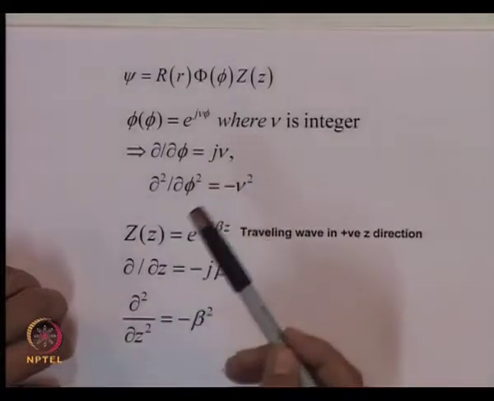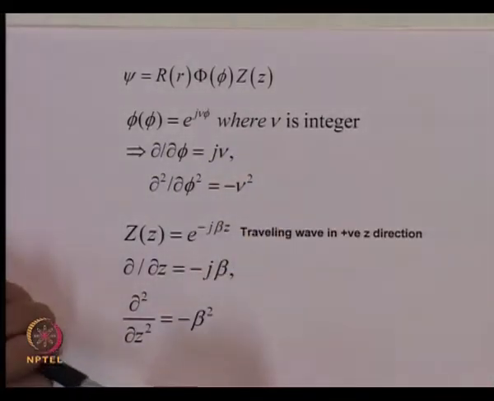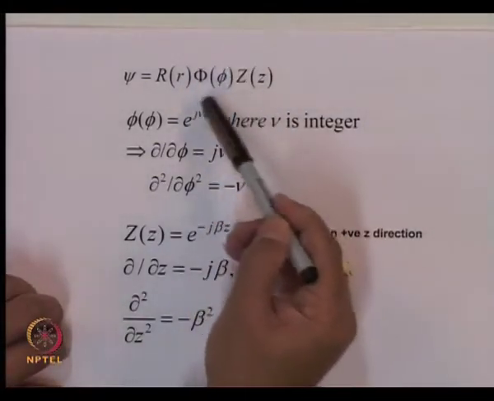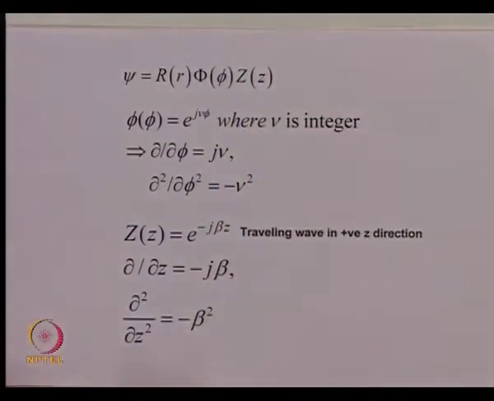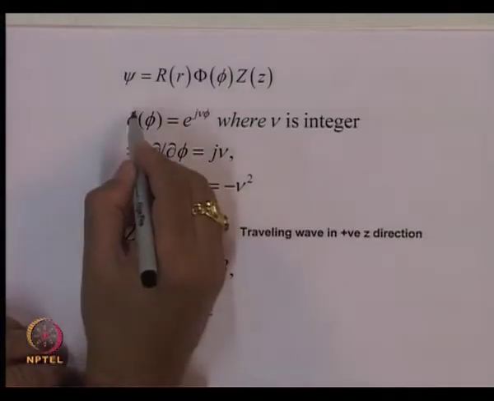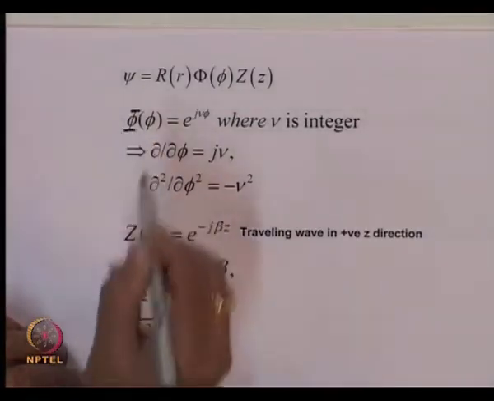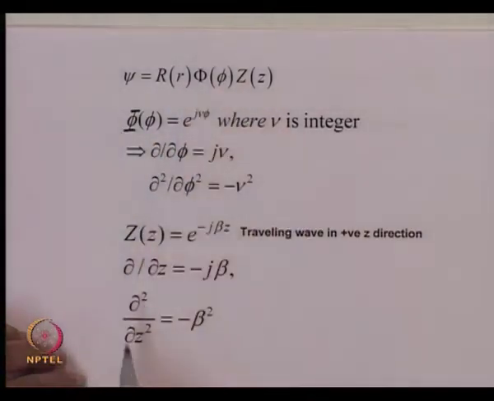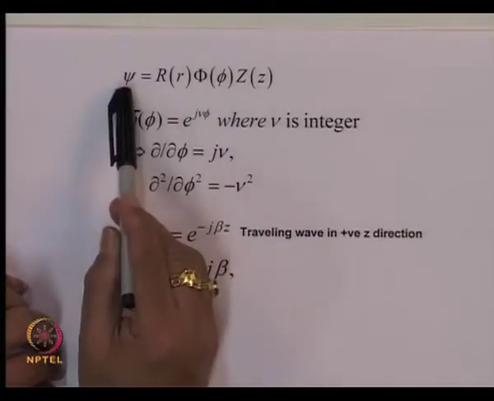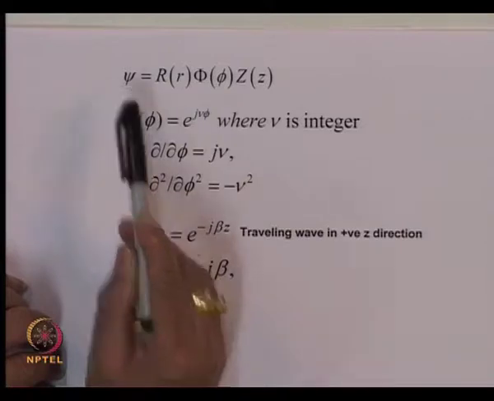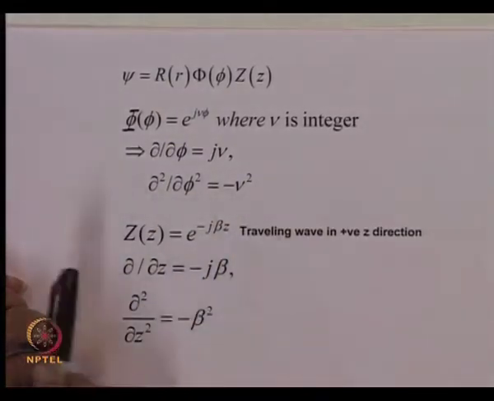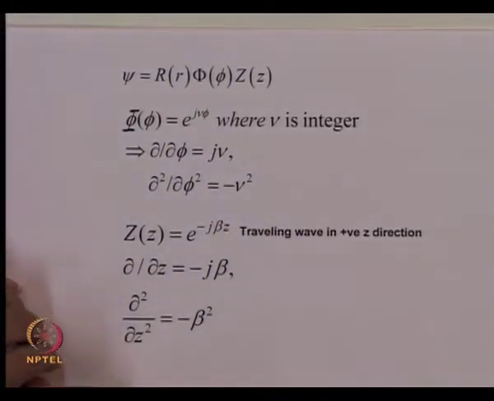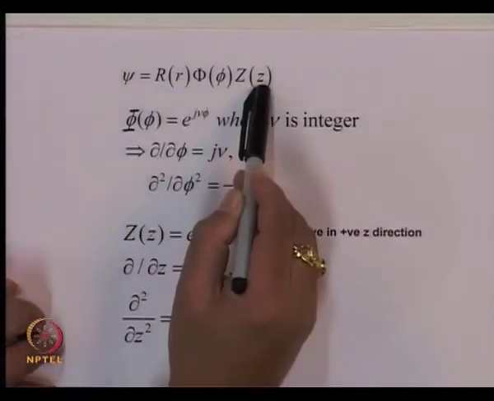Now, you have to put in, one by one, our understanding and try to see what the functional forms of these quantities could be. Firstly, what we note here is that this quantity capital phi of phi shows the variation of psi in the azimuth, or in the cross sectional plane of the fiber, at a given value of r and at a given value of z.